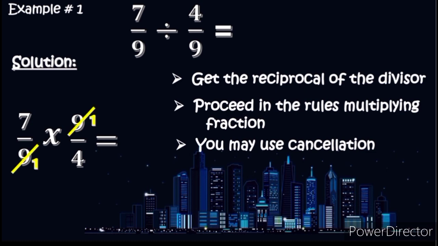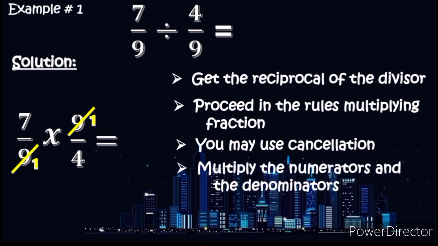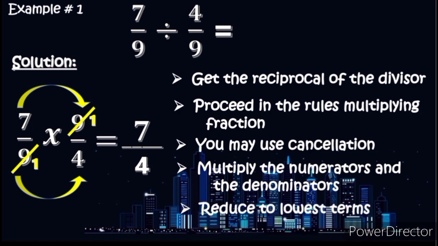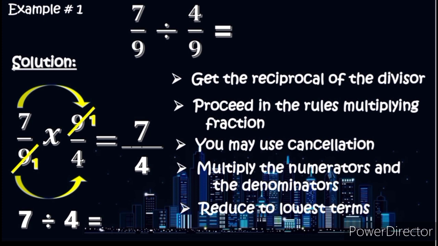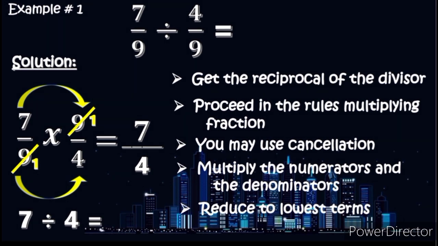They are both divisible by 9. Multiply the numerators and the denominators. 7 times 1 equals 7. 1 times 4 equals 4. Reduce to lowest terms. 7 divided by 4. What will be our final answer? Correct, 1 3/4.